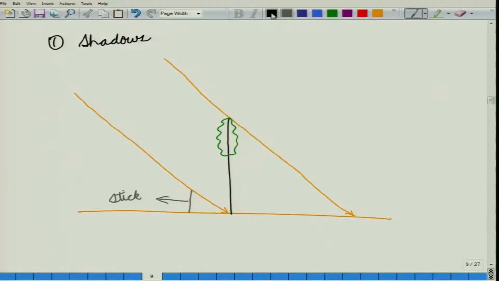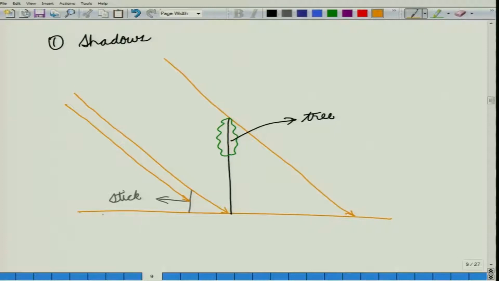So, we have a stick and we have a tree. Now, let us draw another ray that is parallel to this. This ray is intercepted by the object and is not able to reach the ground.